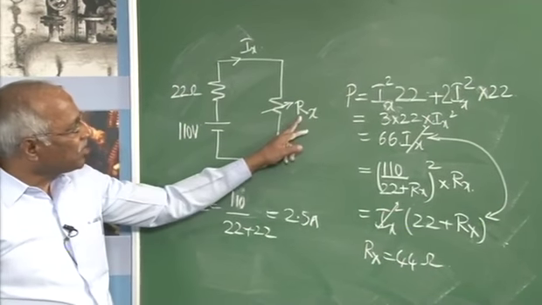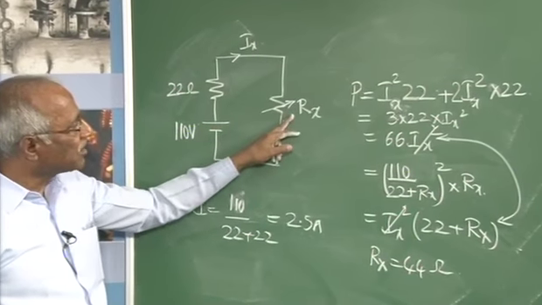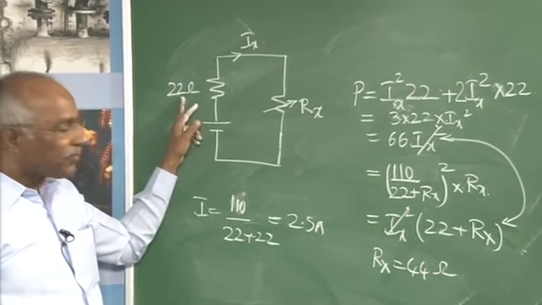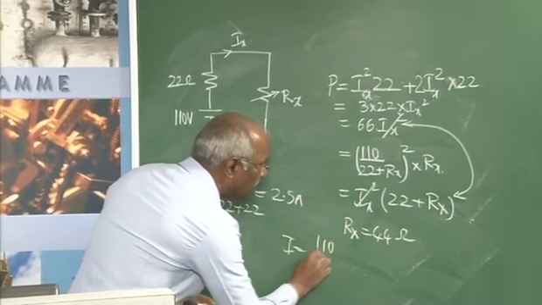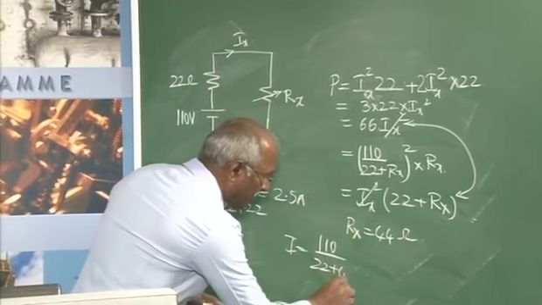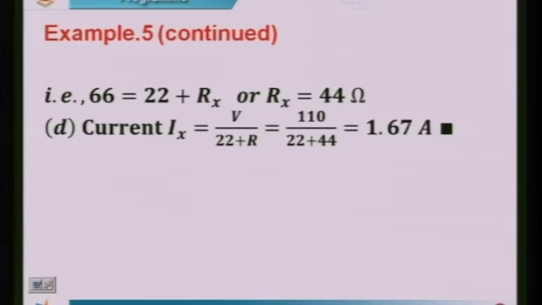So, when Rx is 44 ohm, obviously the power consumed by this one will be twice that of this. The current is obviously equal to 110 divided by 22 plus 44, which will give the value of current. That will come to 1.67 amperes.